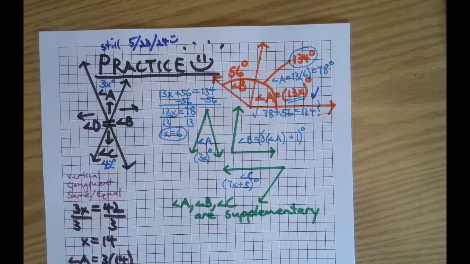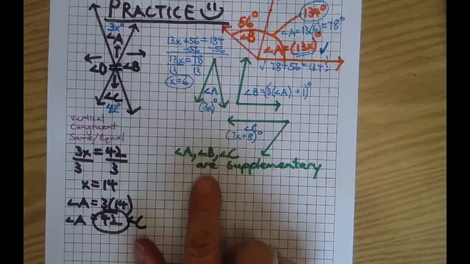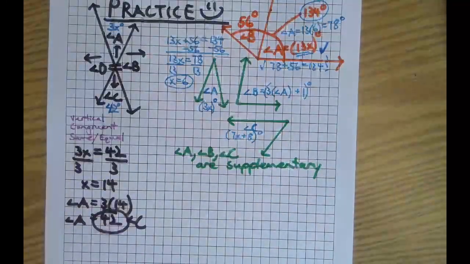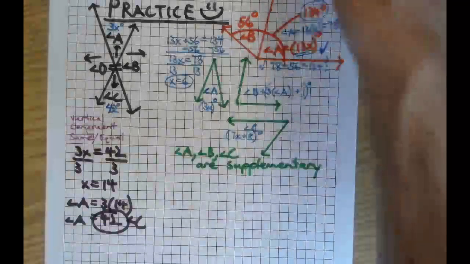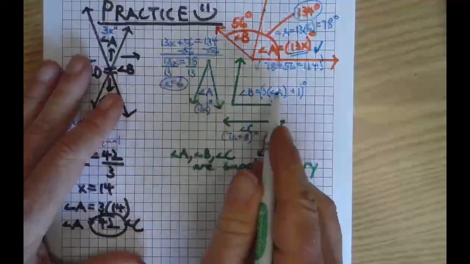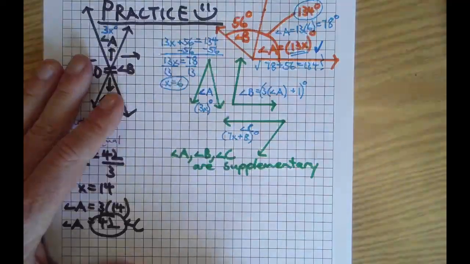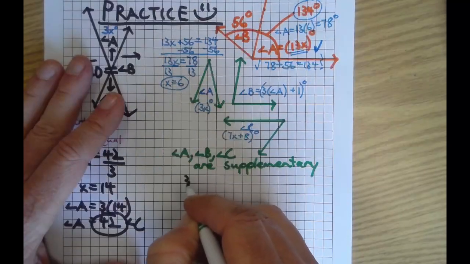We solved that. And finally, the green one. I have 3 angles here. And the statement given is that they are supplementary, which means what? Yes, they add up to 180. So let's go. All the stuff that they equal put together adds to 180. So I've got 3x.